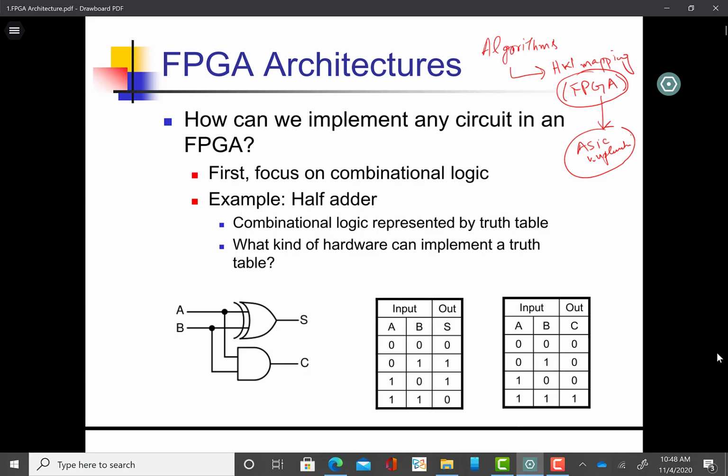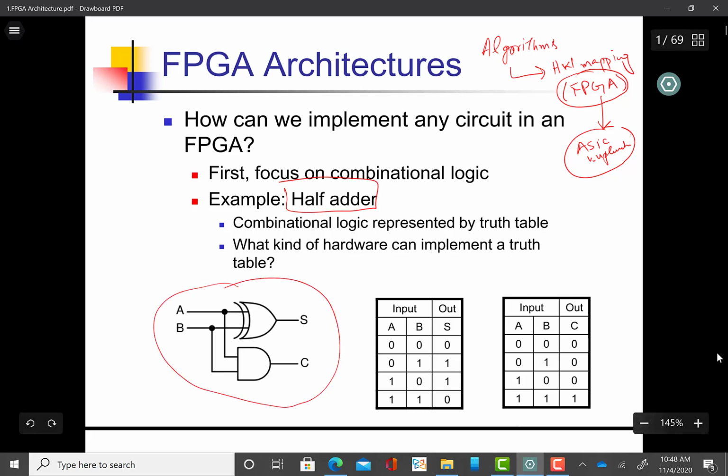Okay, so in order to understand, let us start by taking some example of a combinational circuit. For example, a half adder. So you know very well, a half adder is this kind of circuit which has two inputs, A and B, and it has two outputs, sum and carry.